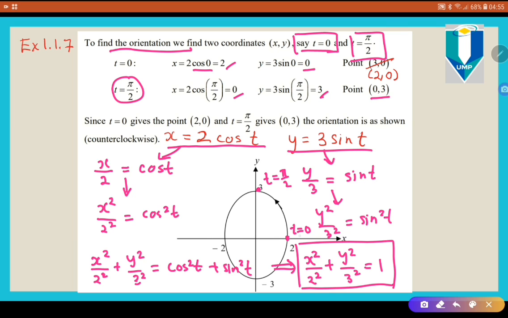So notice that t values increase this way, so orientation should be that way. You use an arrow to show the orientation. I hope you understand what orientation is. Orientation is the direction in which the t value increases.